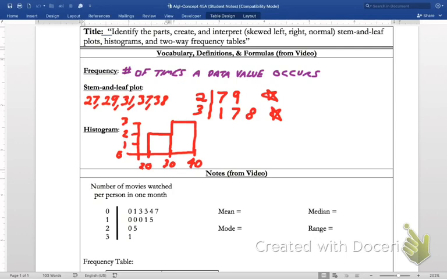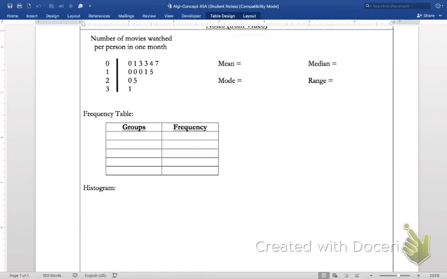So these 5 pieces of data that we started with can be transformed into a stem and leaf plot, and then transformed into a histogram as well. So now I'd like to take a stem and leaf plot that's already made for us. And we're going to find the mean, the median, the mode, and the range of the data set.